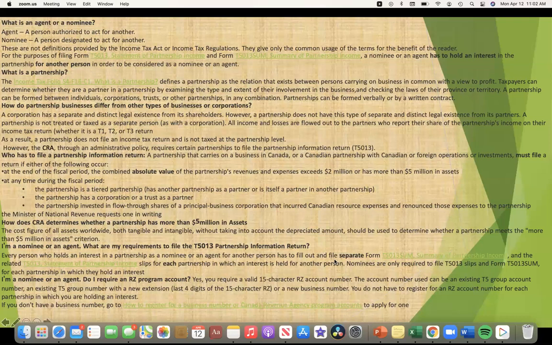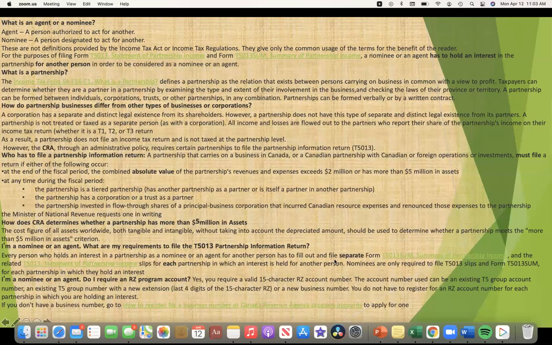So if you're a nominee or an agent, what are the requirement to file the T5013, that is partnership form information return? So every person who holds an interest in a partnership as a nominee or an agent for another person, they have to file separate form T5013.